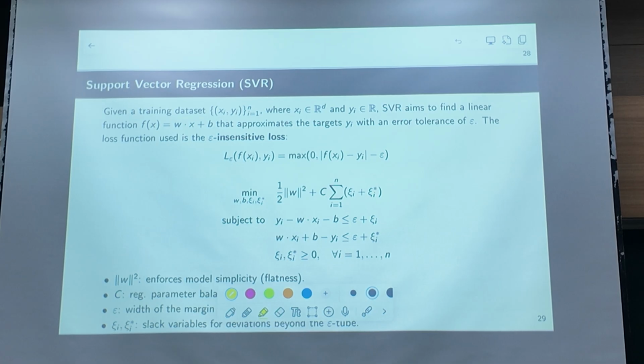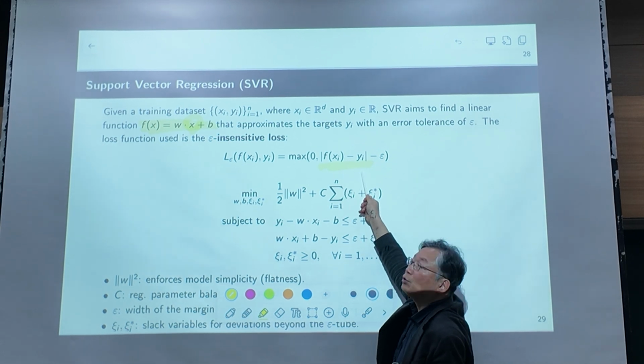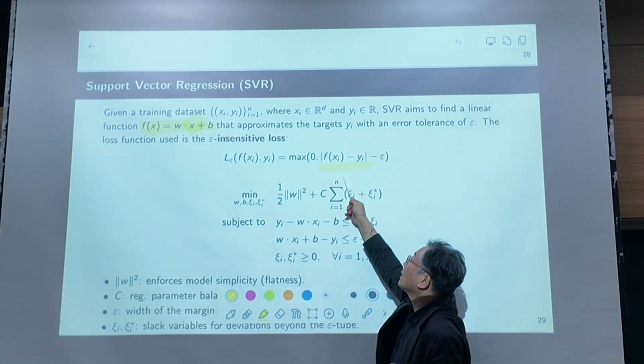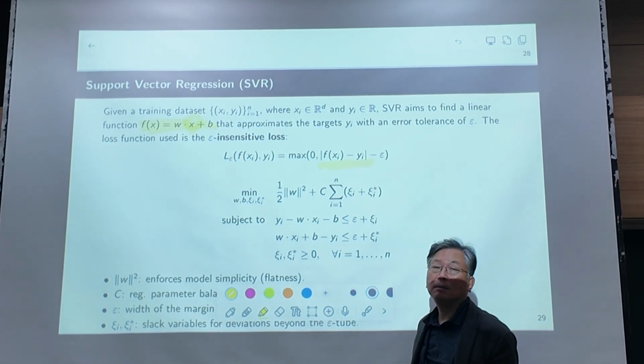Regression can be done by using a linear function for predicting the label of the input X, and then looking at the difference between the predicted value and the ground truth. You look at the error difference and compare it with epsilon.